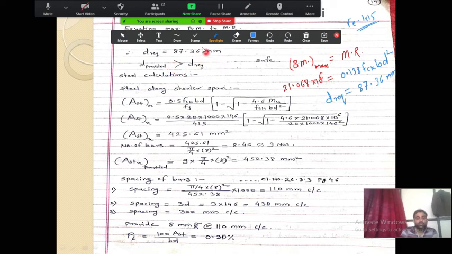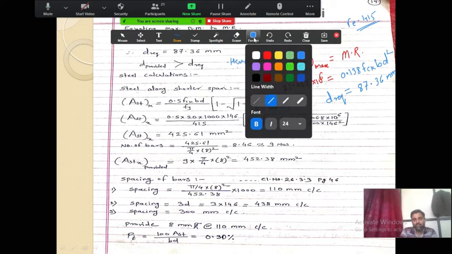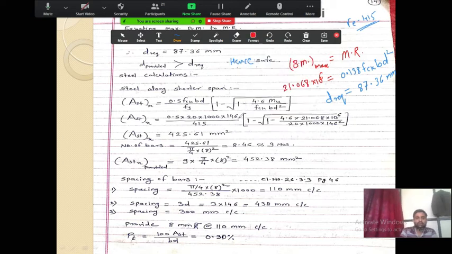Once the check for depth is satisfied, you can write safe, hence the structure is safe as per depth. Then the next step, steel along shorter span.